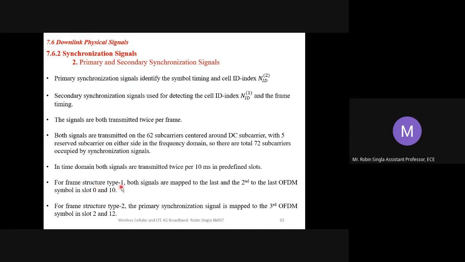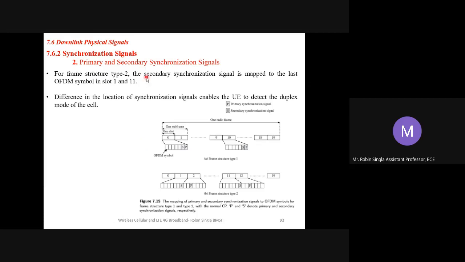For frame structure type 2, primary synchronization is mapped to the third OFDM symbol in slot 2 and 12. And secondary synchronization signal is mapped to the last OFDM symbol in slot 1 and 11. So we will see here, this is your frame structure type 2.